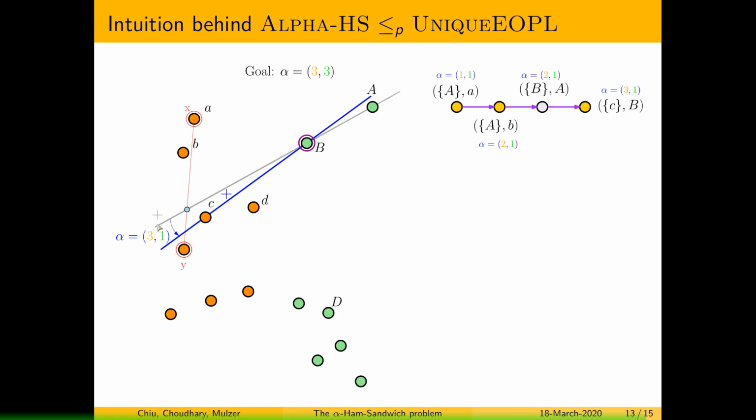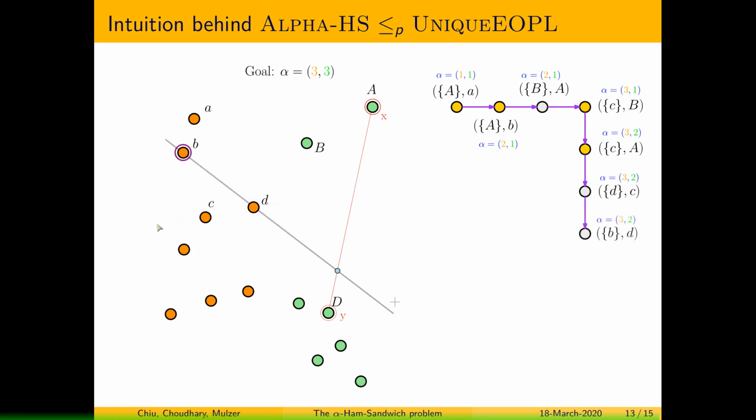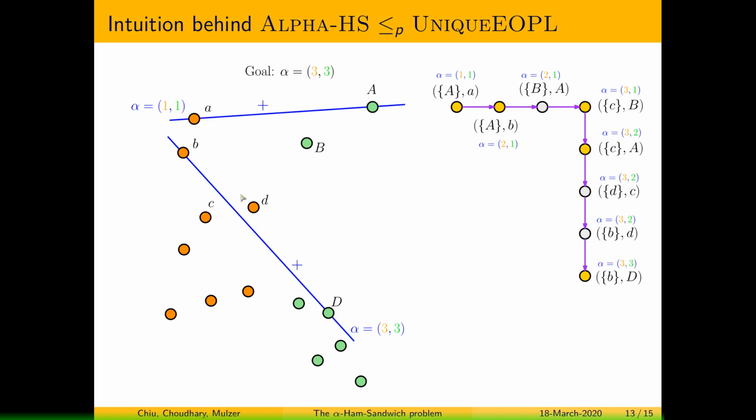Now it's time to switch the anchors and rotate so that alpha for the green points increases. We continue this rotation, swapping anchors whenever we have non-colorful hyperplanes. Eventually we reach our goal. So we have gone from this vertex, this hyperplane, to the solution hyperplane by a series of local changes, which is equivalent to walking along this path in the graph, which looks like a line.